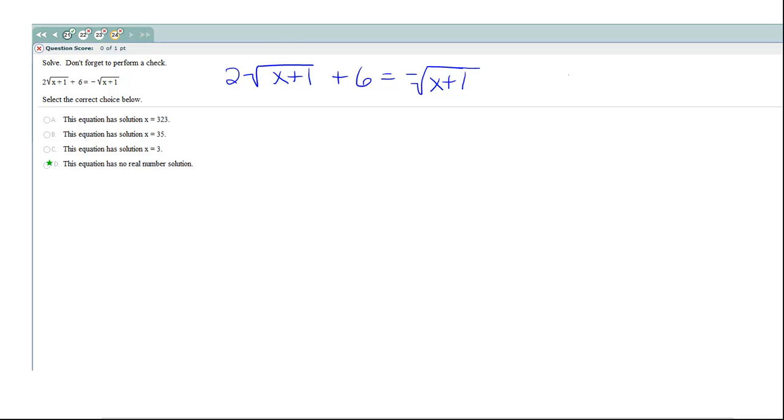So here we had 2x plus 6 equals negative x. These are like terms, okay? So we would get our x's together. We could subtract 2x off both sides, and I'll subtract this square root off of both sides.